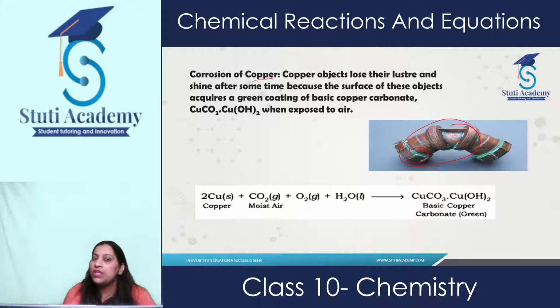Because copper comes in contact with oxygen and water, it results in the formation of green coating, which is copper carbonate, when we expose this copper to air. This reaction takes place when copper comes in contact with carbon dioxide, oxygen and water. So this green covering, as you can see in this picture, is copper carbonate. And this is known as corrosion of copper.